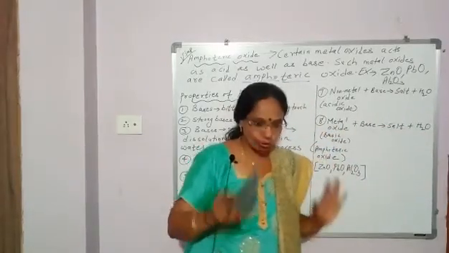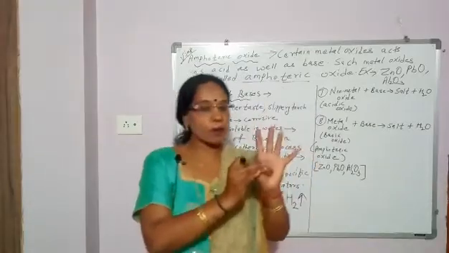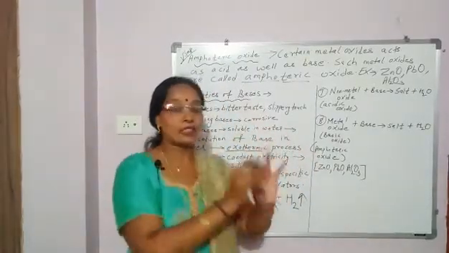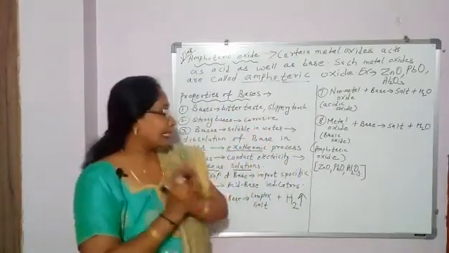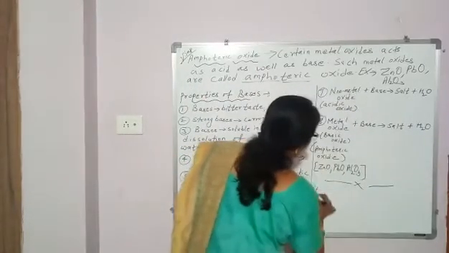Okay. So students, till now we completed properties of acid. Next, we completed properties of base. One more thing I'll tell. In base, one of the examples which I took is sodium hydroxide.